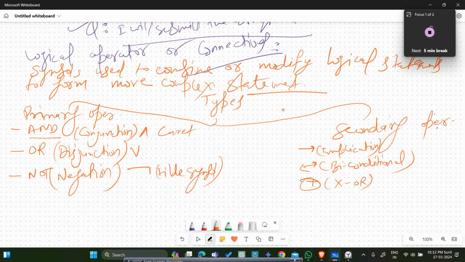NAND is like that. We can represent it as, let's say, negation of P and Q. So this is also a representation. And this is the NOR operator also after NAND. So this is NOR, and it can be represented as negation, by the way, of P or Q.